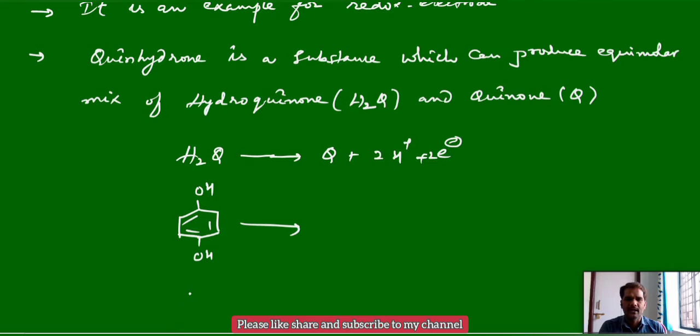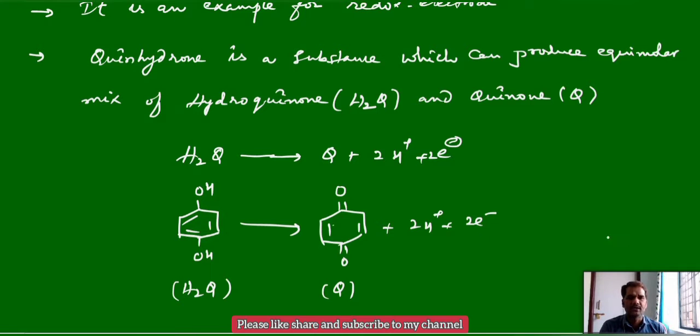And this is the structure of hydroquinone, H2Q, and it can be converted into the quinone, the anode reaction. And this is a quinone Q.